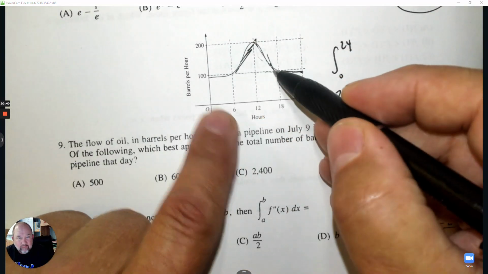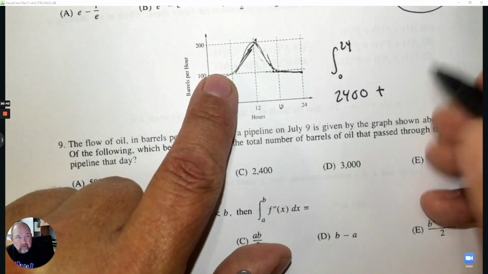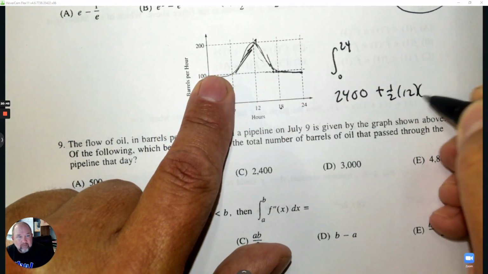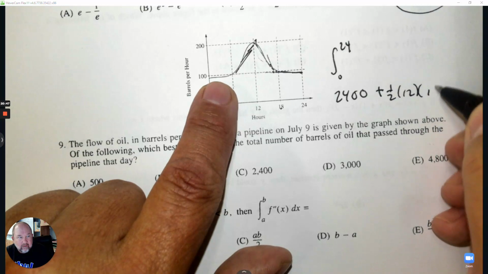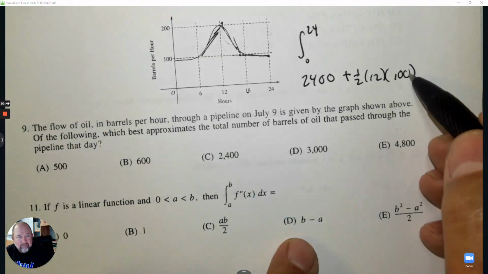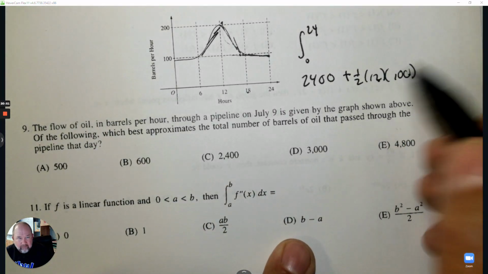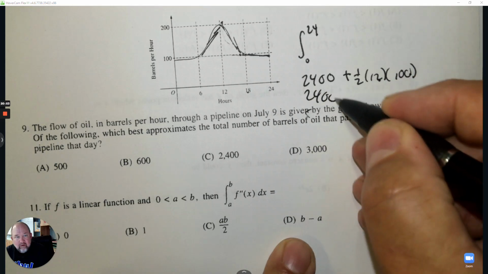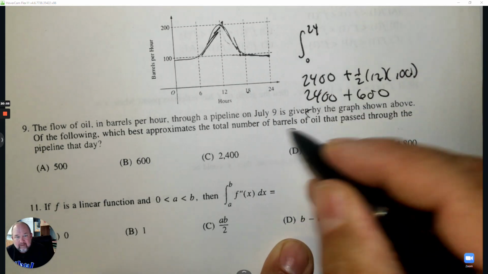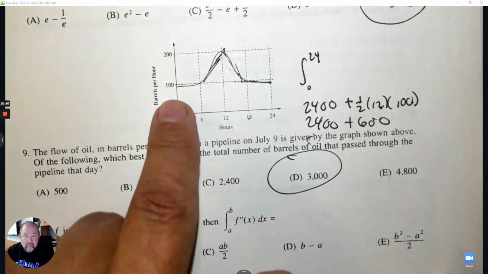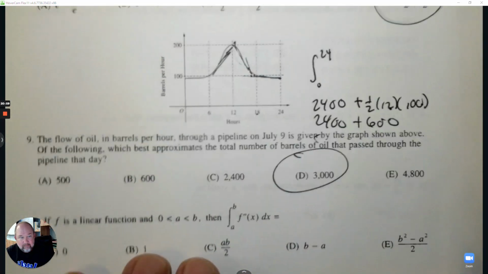So the base of the triangle goes 6 to 18, that's 12. So half of 12 times the height all the way up, which is 100. So half of 100, 50 times 12, that's 600. So 2400 plus 600. I think this would be a good approximation, finding the area under the graph. That's how many barrels.